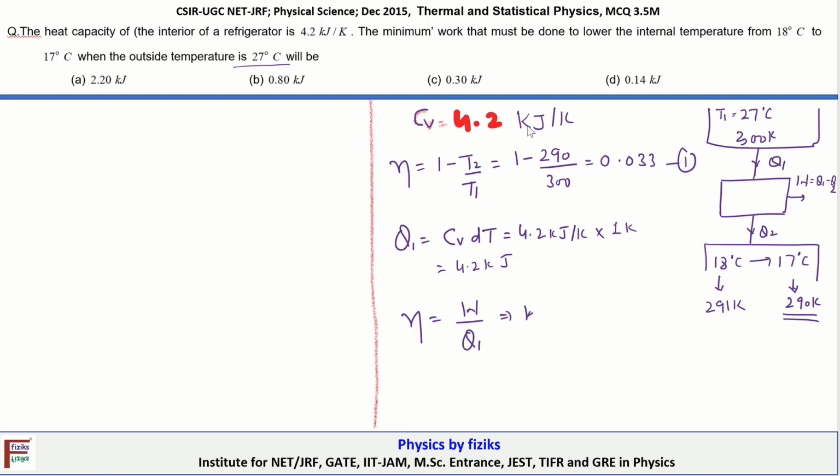So W equals Q1 multiplied by eta, with Q1 4.2 kilojoule and efficiency 0.033. When you multiply these two numbers, we obtain 0.14 kilojoule. So this is the minimum amount of work we need to do in order to change the temperature of the interior of the refrigerator from 18 degrees Celsius to 17 degrees Celsius. Therefore D is the correct option here.